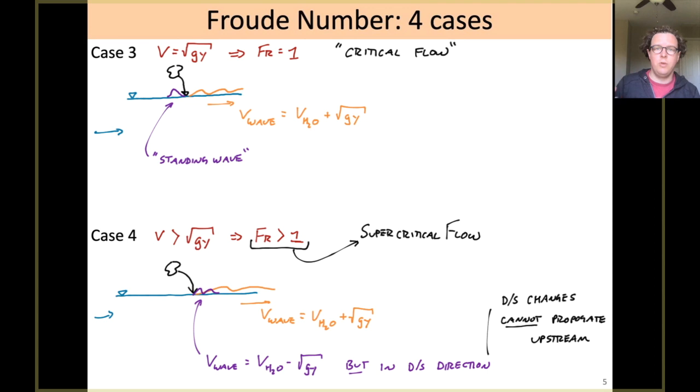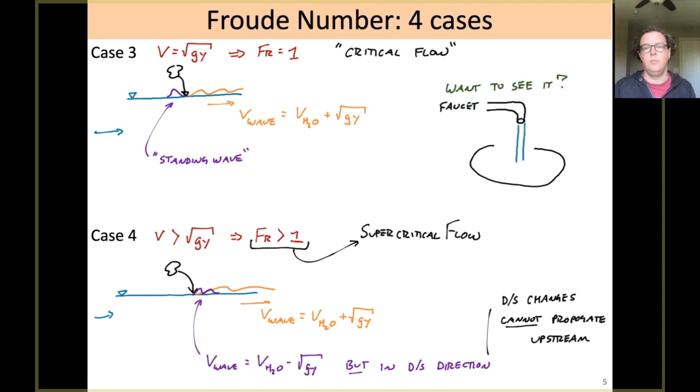Now, if you're having trouble visualizing how all of this might work, there's a simple example that you can do in your kitchen sink. So turn on your faucet and put a flat dinner plate down below. And what you should get on that flat dinner plate is something that looks like what I've sketched here.